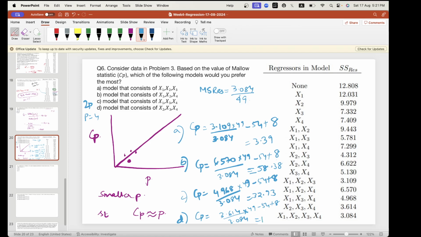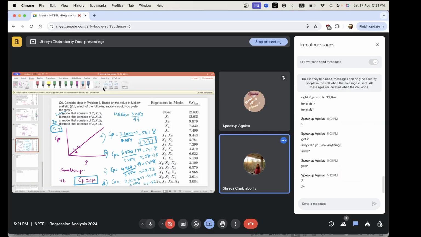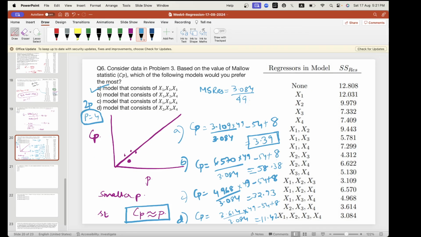So this is something like 11.42. Now we'll only take values such that Cp is closer to p. In this case p is 4, so this one is the closest to 4, and that is why we are going to consider model A. Is it clear?